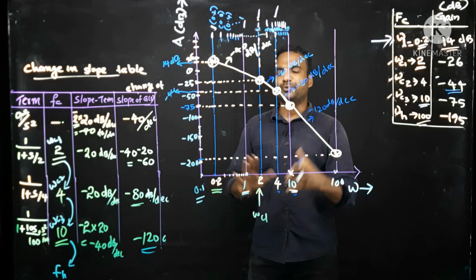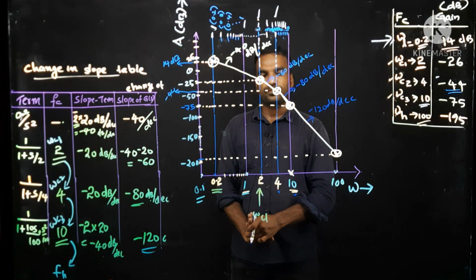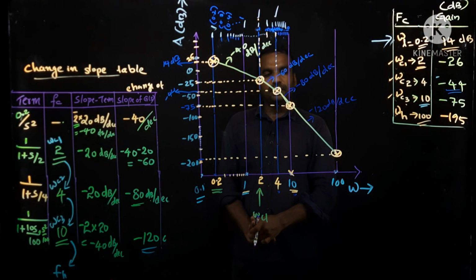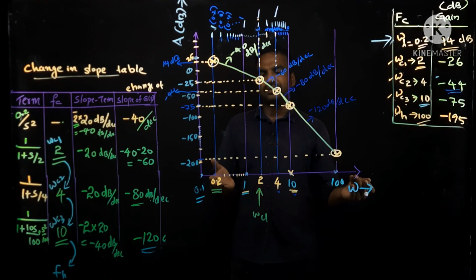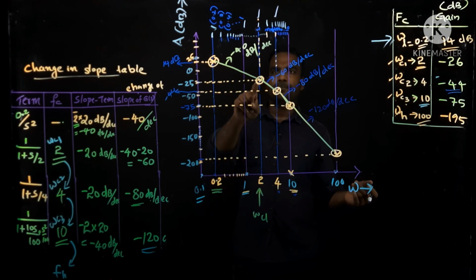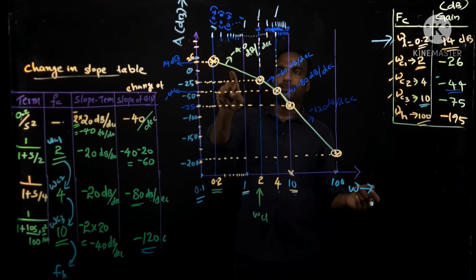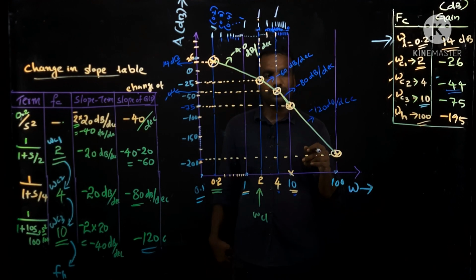Now it is really beautiful. The drawing is completed. You can also check the values with a non-calculating method. For example, what will be the value at 0.2? You can just add minus 90. Like that, you can do it also.